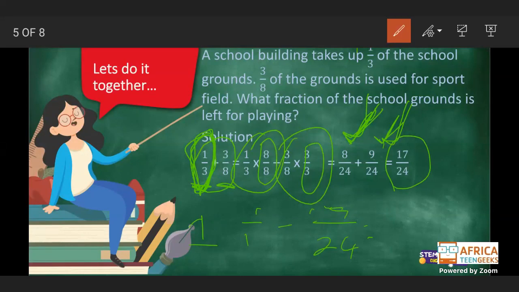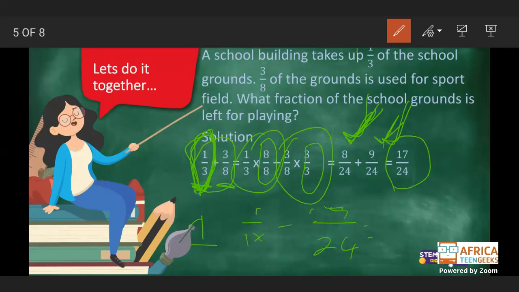So our lowest common multiple for 24 and 1 is what? It's 24. When we are counting from 1, 2, 3, 4, 5, 6, 7, 8, 9, 10 until 24, we moved 24 times, right?